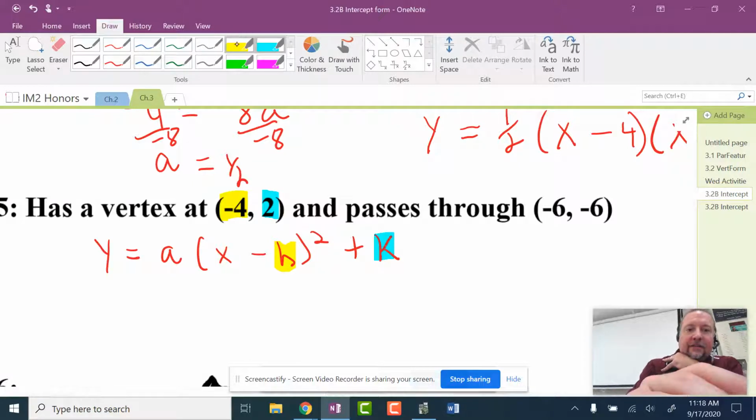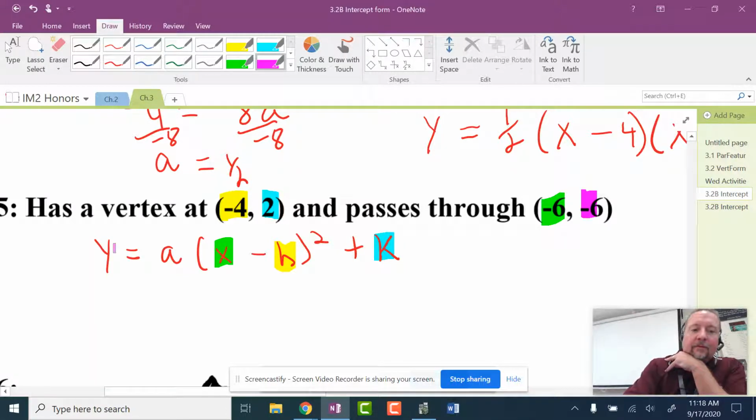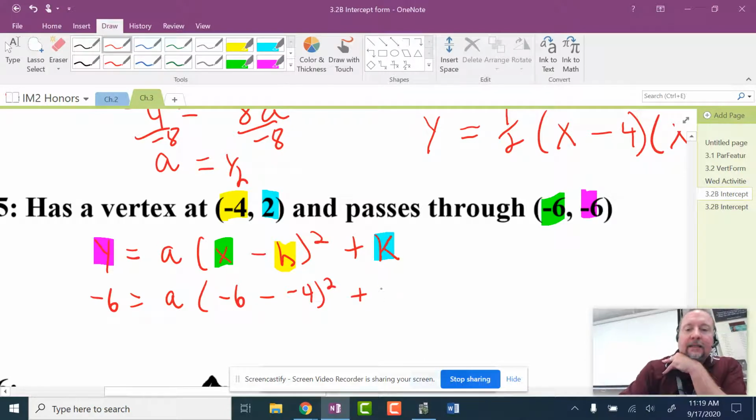Where does -6, the first one, go? And then where does the last one go? That's how we do this. Hopefully the highlighting is very helpful on this. -6 minus -4, and then plus k, which is 2.